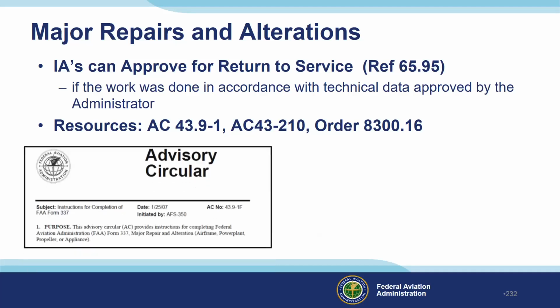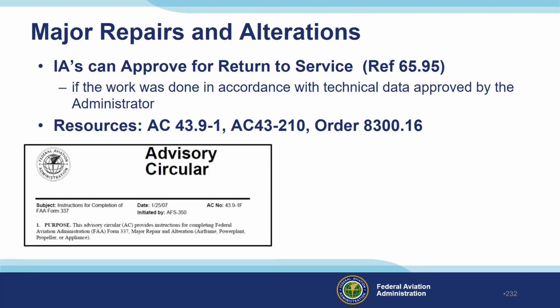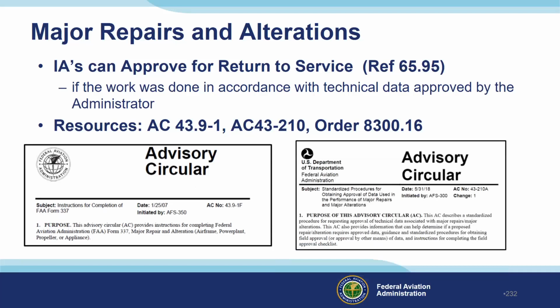And there's your resources. I would write this down or take a picture of these resources. This is what 43.9-1F is. That's how to fill out the 337 form. 43-210A, that has some really good flow charts and information there on how to obtain approval of data.